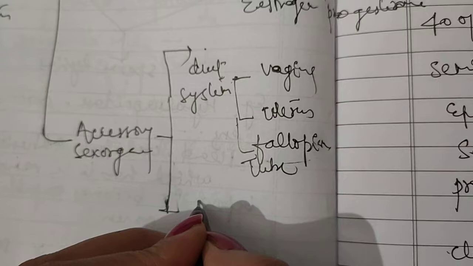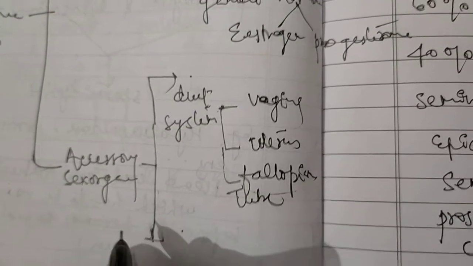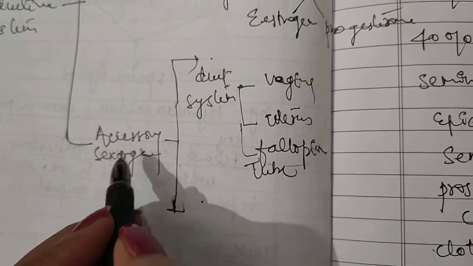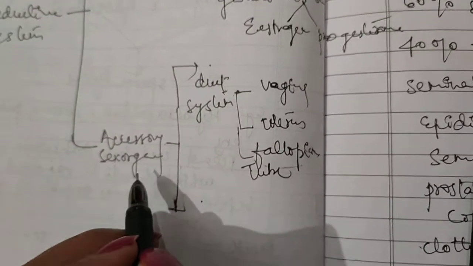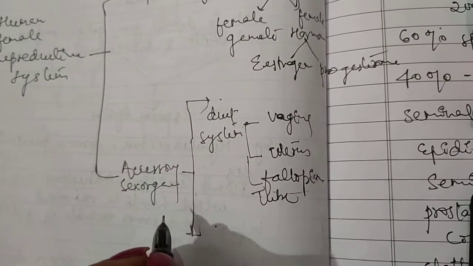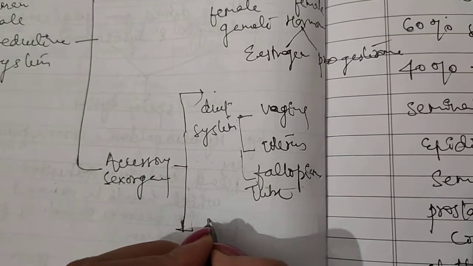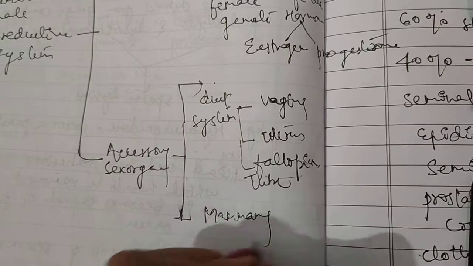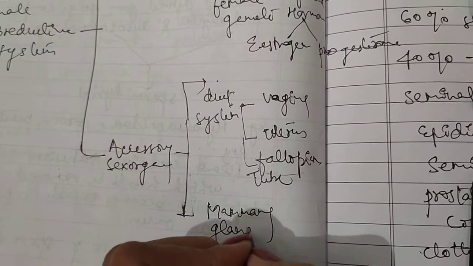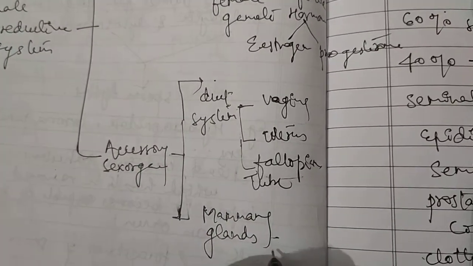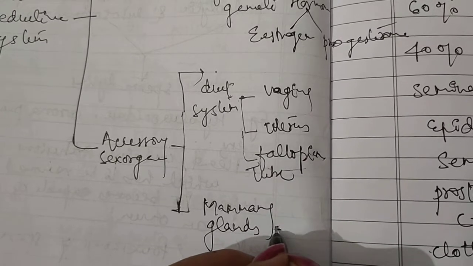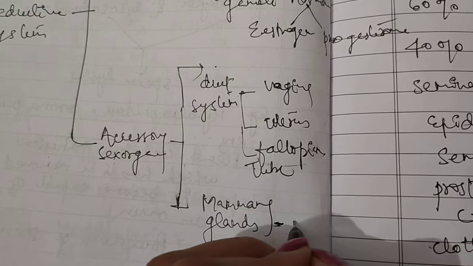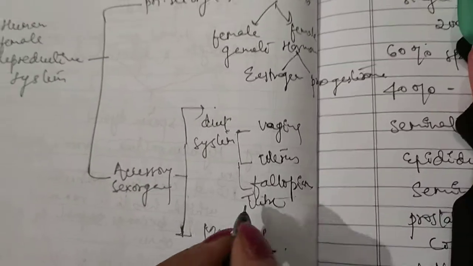Then what is the function of accessory organs? This helps in the process of fertilization, and the second one is the mammary glands. What is the function of mammary gland? It produces milk for the newborn baby.